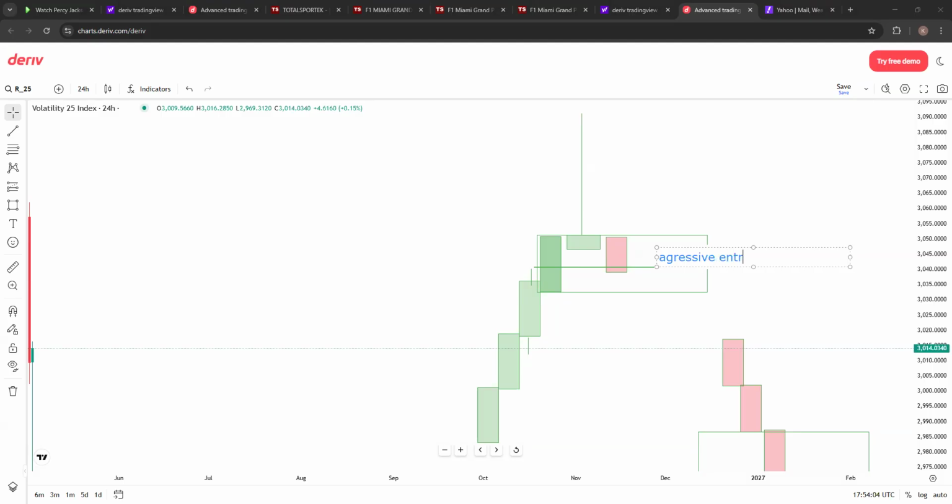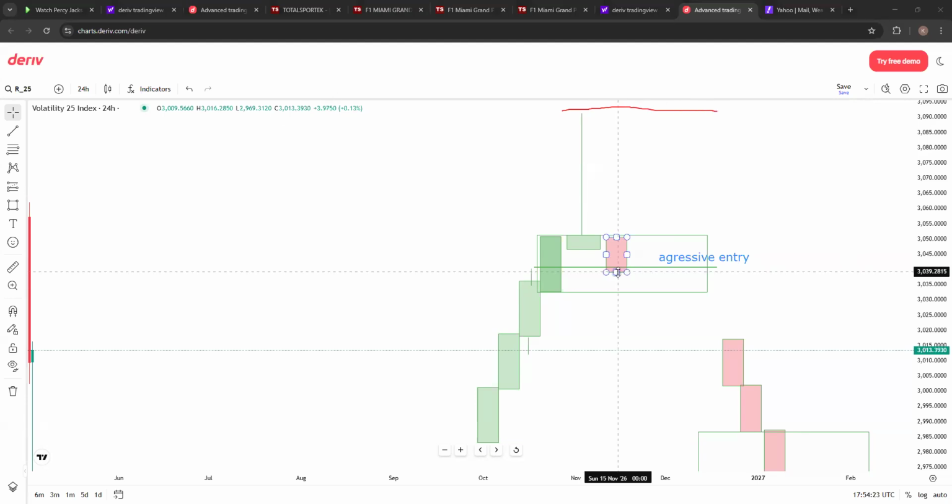Meaning the moment it taps on that 50%, before it even closes below, I would have already put an entry there. And my stop loss is just above this wick over here.